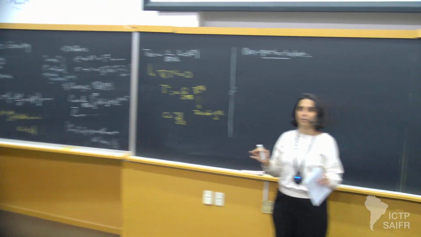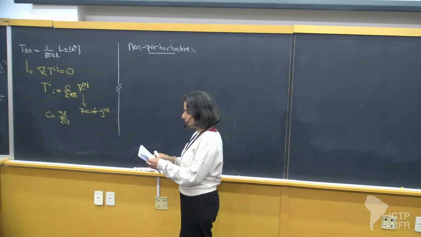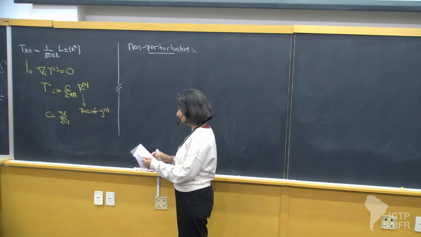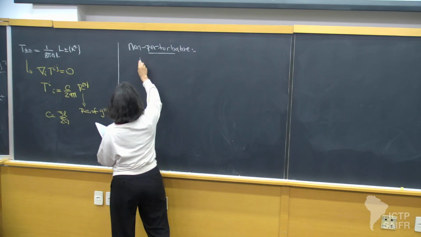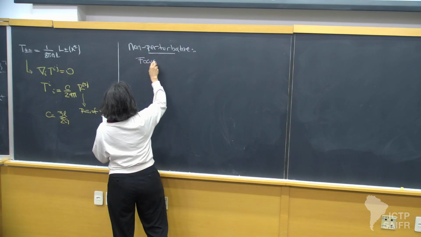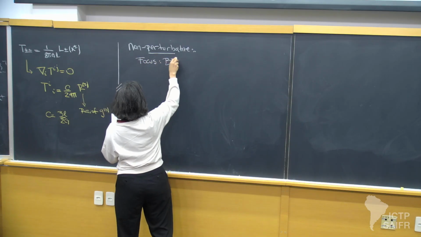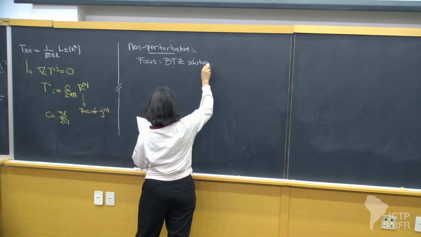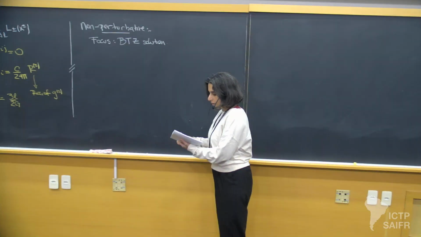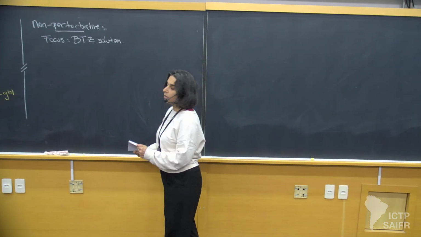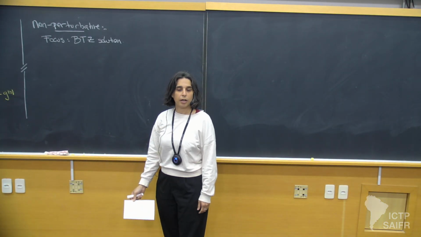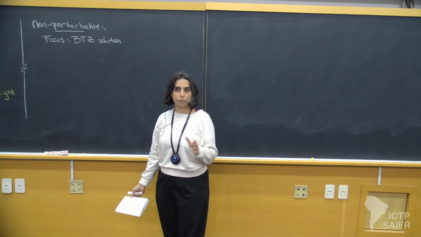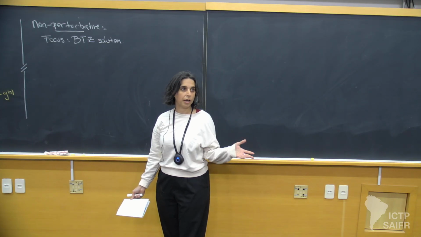I'm not going to describe for you all of them, but the one that is very famous and the one that will be useful for what we're going to do and what comes along will be what's called the BTZ solution of AdS₃ gravity, okay? So I'll write down for you a metric, a line element, and what will happen during the next hour is that we're going to try to understand properties of that line element, okay?